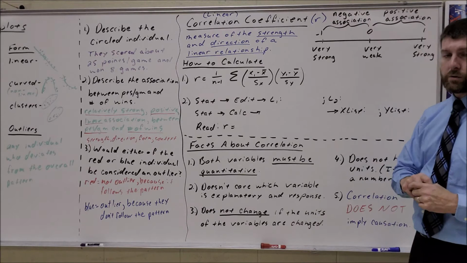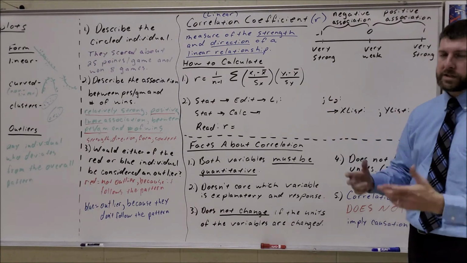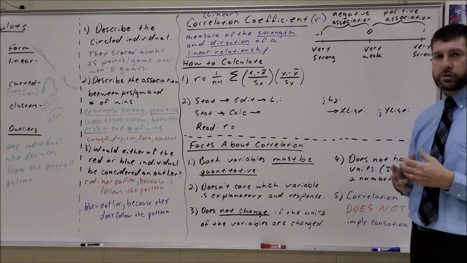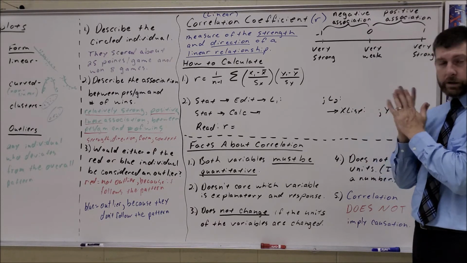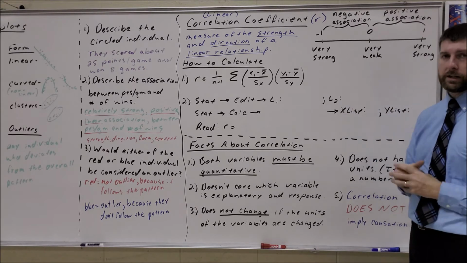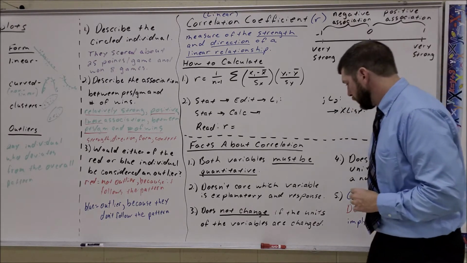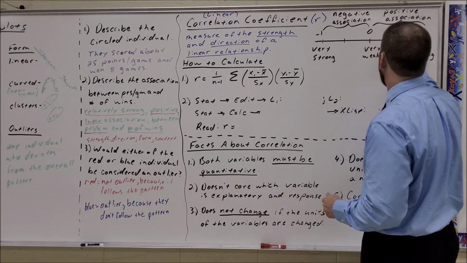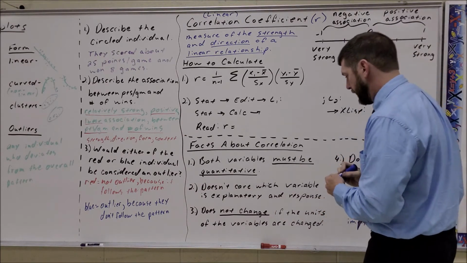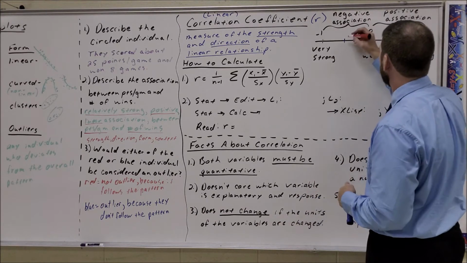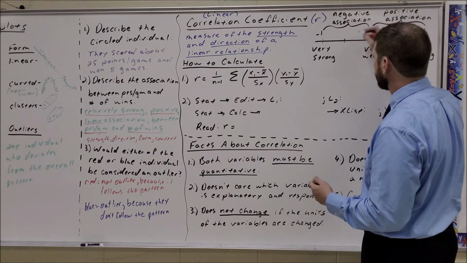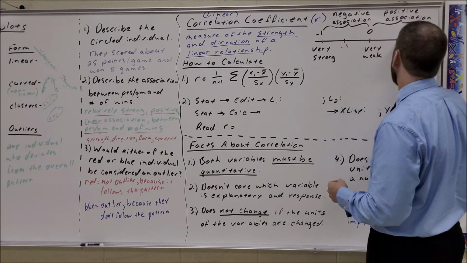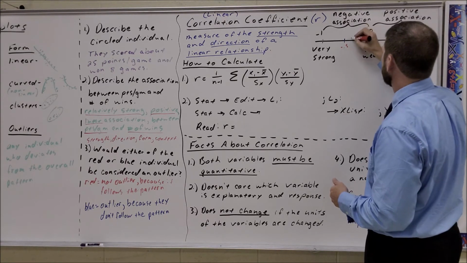If something's close to 1 or -1, if it's a negative association, but if it's close to 1 or -1, then it's going to be very strong. It's almost a 1-to-1 relationship where it's a perfectly straight line situation. So what we end up with is any correlation coefficient that's here in the middle, we would consider weak. So if it was like a negative 0.5 to a positive 0.5, those would be just weak.